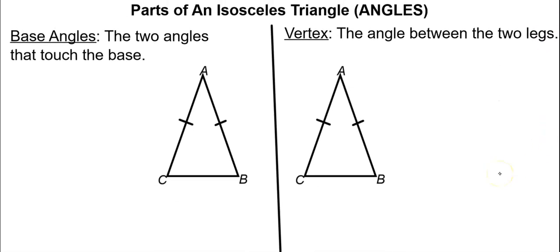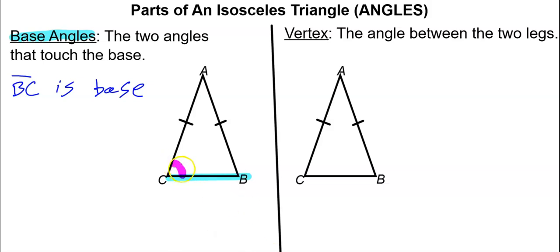They also have angles that we are going to worry about. Two types of angles. Our first angle is the base angles. These are the two angles that touch the base. So remember, the base is the non-congruent side. So BC or CB is the base. So the two angles that touch the base are my base angles.